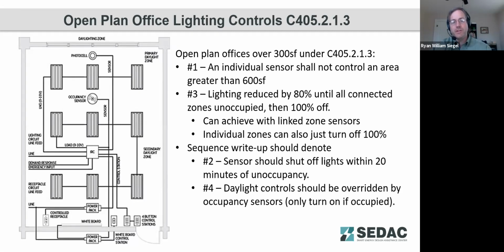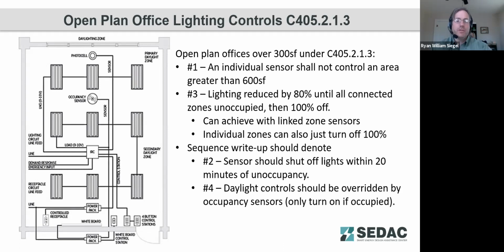And once all the zones in that open plan office area are determined to be unoccupied, then the remaining 20% also needs to go off. You can do this with multiple zone sensors that are linked together, or perhaps an easier way is to just use individual control zones, and instead of reducing by 80%, they just go full off when that zone does not have any occupancy sensed.